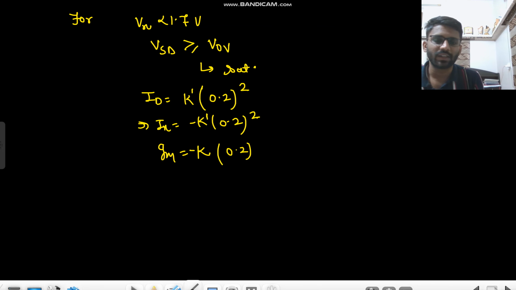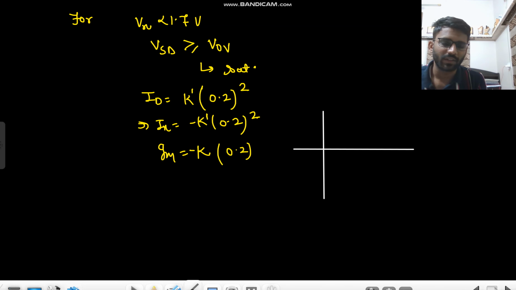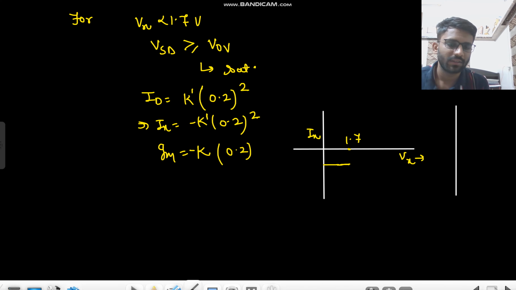So for drawing the curvature, what we can do is that till 1.7 we can draw something. It will be something like this. Okay, a constant value, just a constant value. This is Vx, this is Ix, and same for Gm as well.